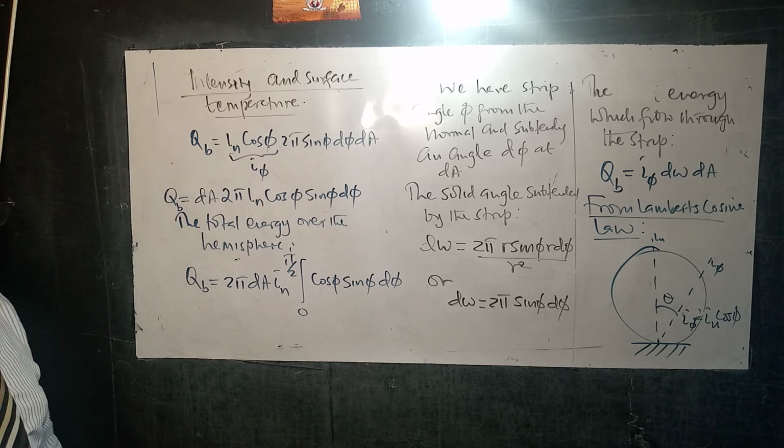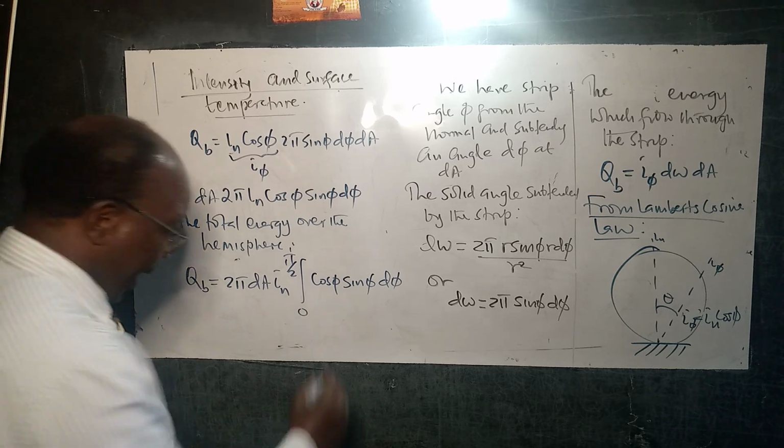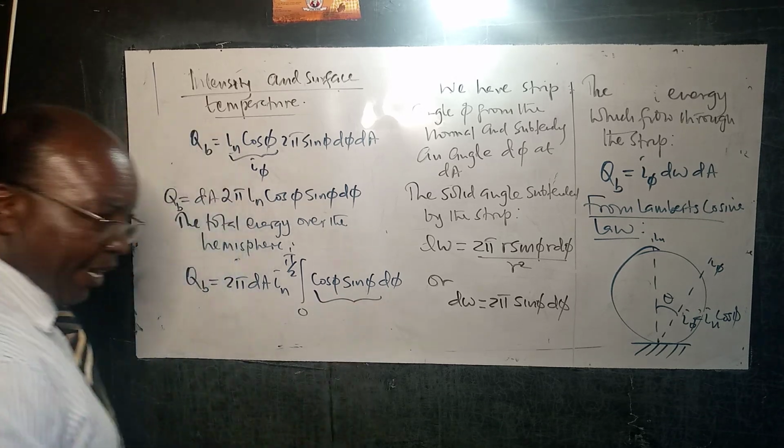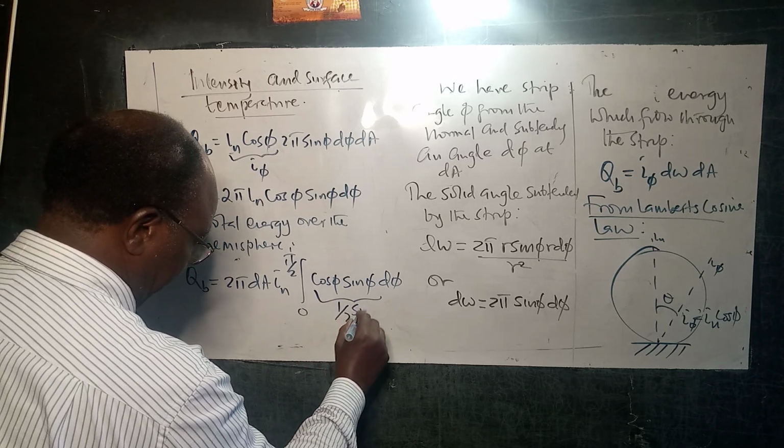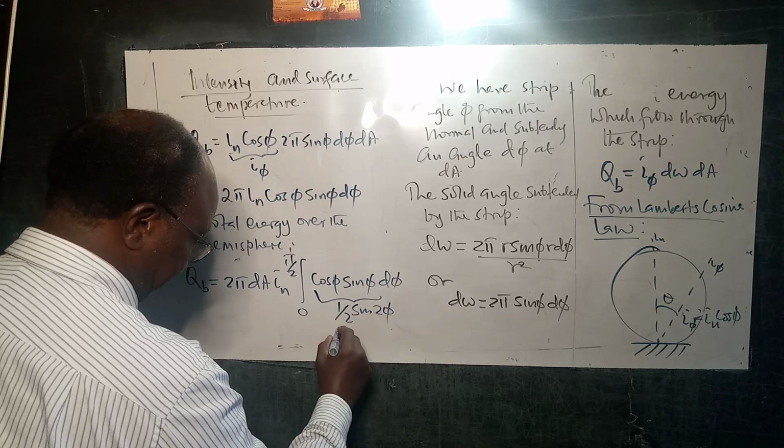If you look at the trigonometric tables, then you will see that this can be simplified to a half sine 2 phi.